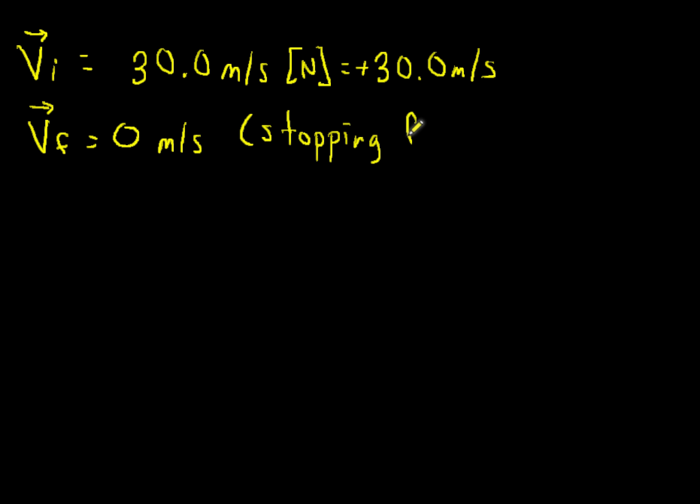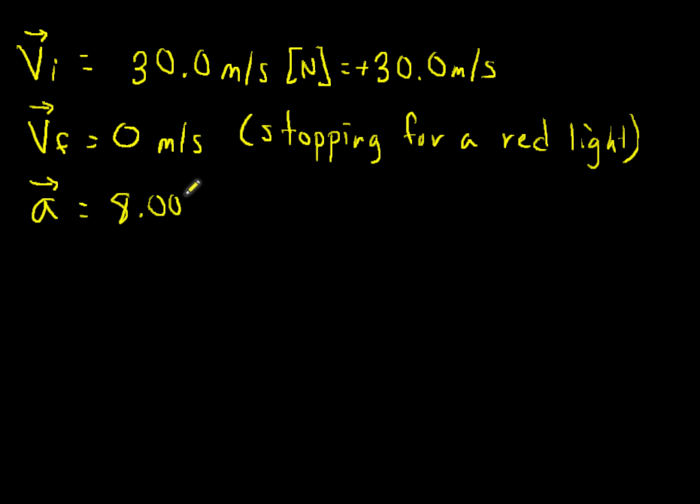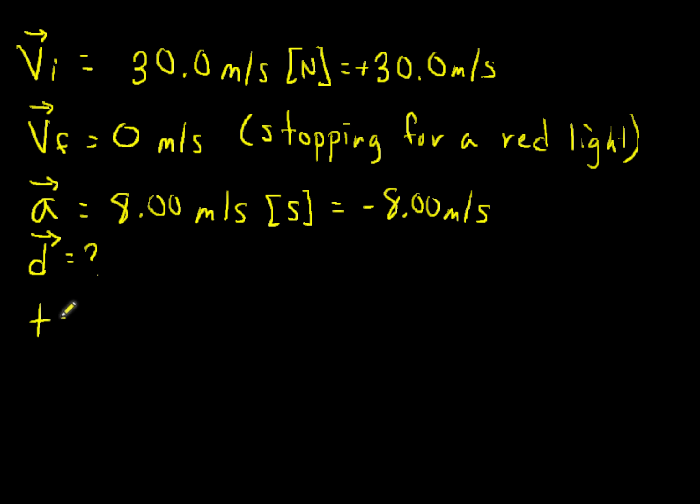Stopping means 0 meters per second. The acceleration is 8.00 meters per second squared to the south, which is negative 8.00 meters per second squared. Displacement is our unknown, and t is the variable we don't care about. It's not mentioned in the problem at all.